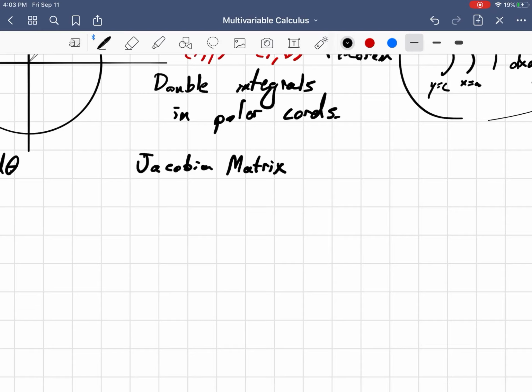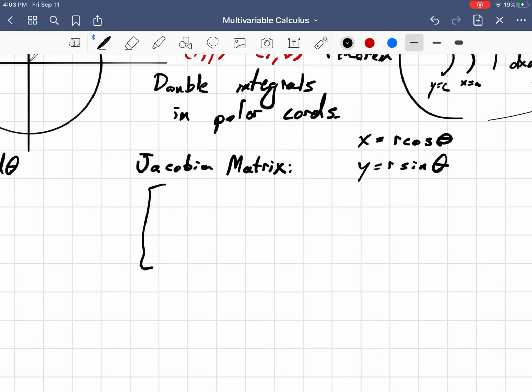In polar coordinates, we have the transformation x is equal to r cosine theta and y is equal to r sine theta. So in this case, the Jacobian matrix for this 2x2 transformation would be a 2x2 matrix, because we're going from two variables, x and y, to two variables, r and theta.